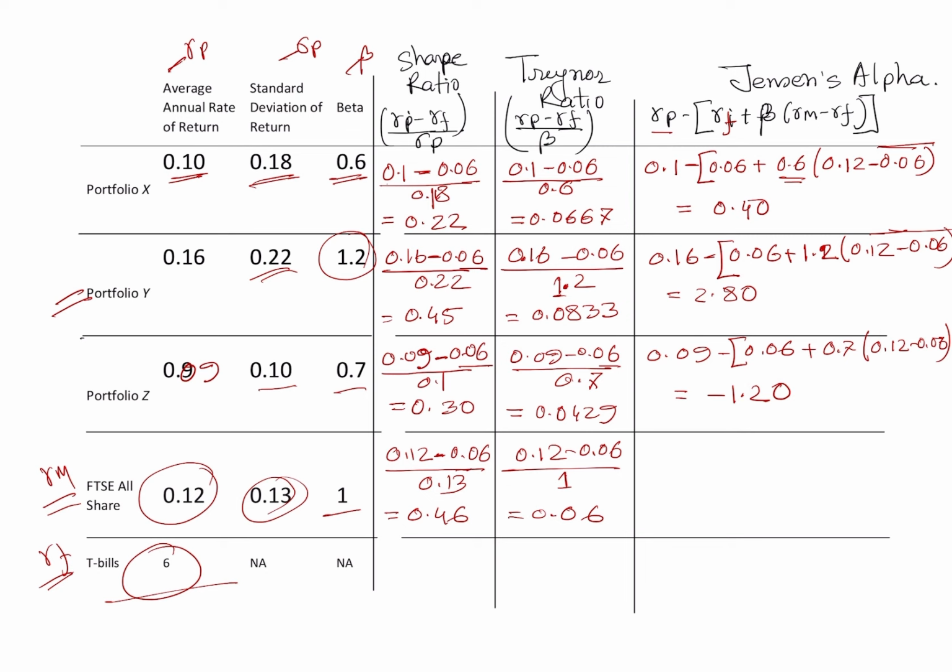a Sharpe ratio. The bigger the better, right? So if you're looking into the Sharpe ratio, we're comparing 0.22, 0.45, 0.30, and 0.46. So we can see all of them underperformed. So X, Y, and Z, all of them underperformed.